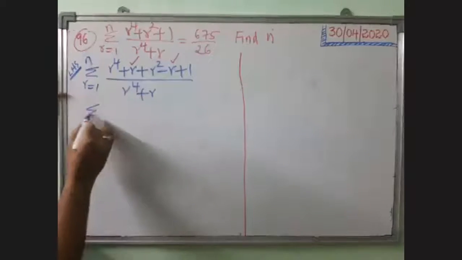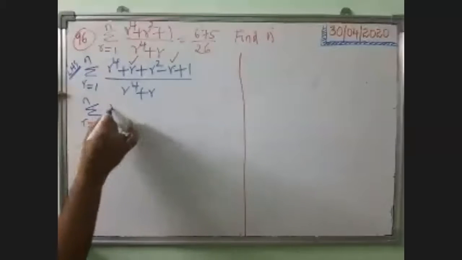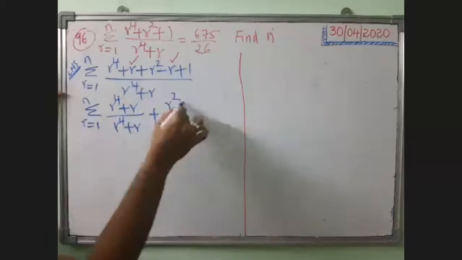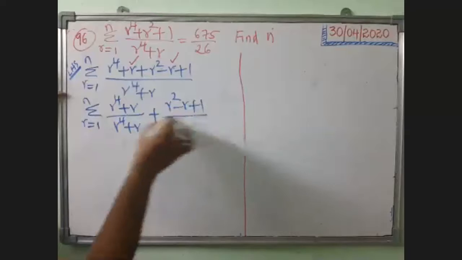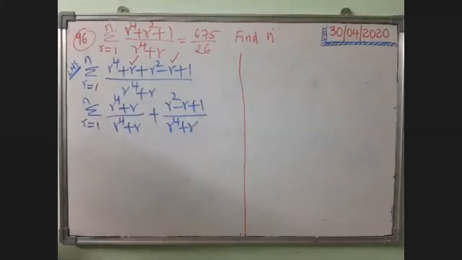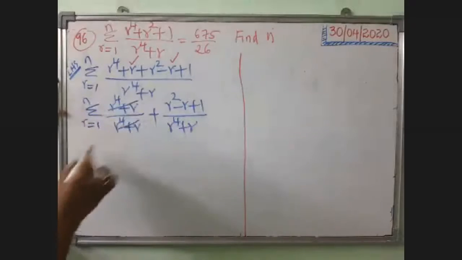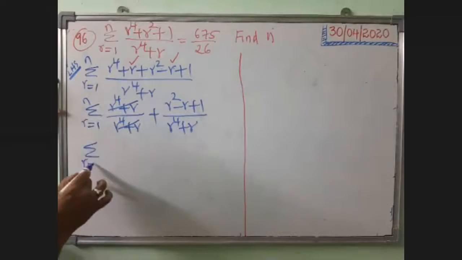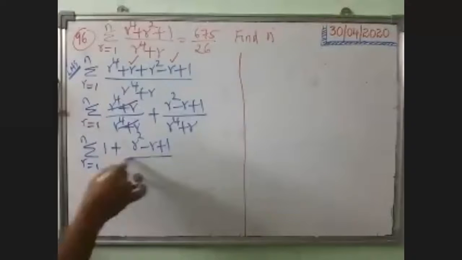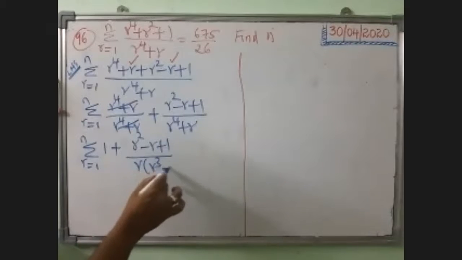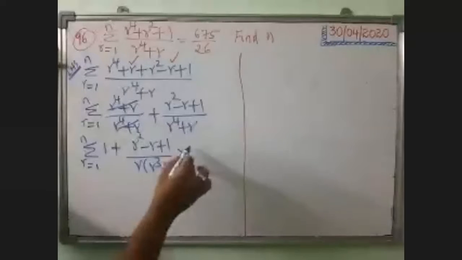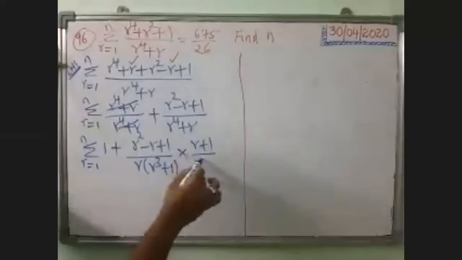What will happen is sigma r equal to 1 to n of r power 4 plus r.